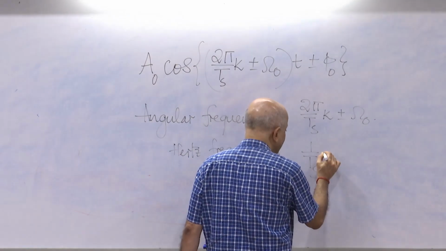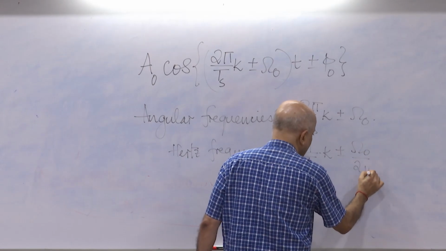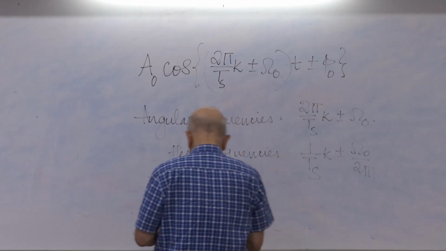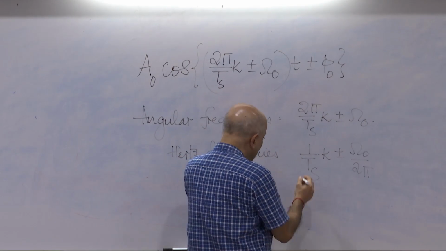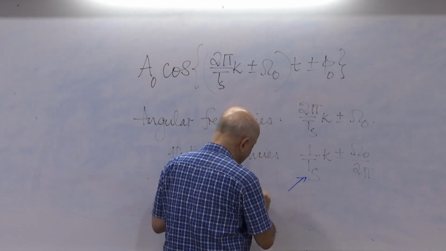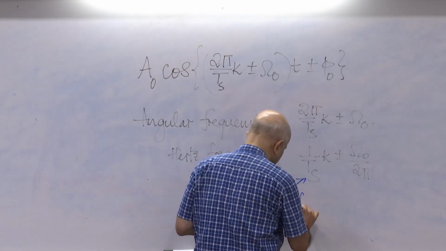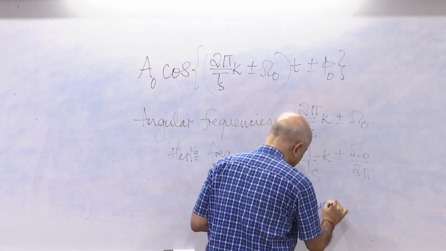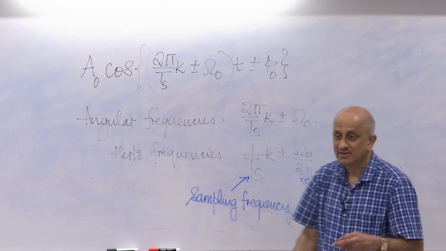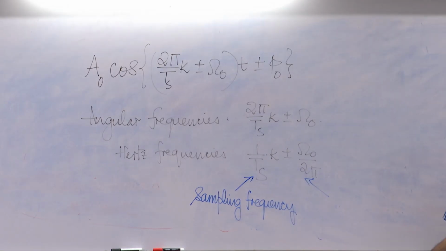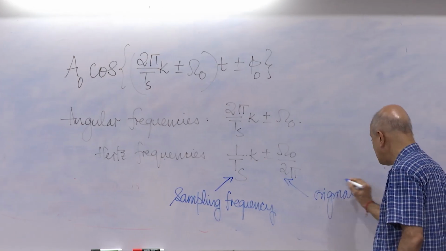So 1 by Ts times k plus minus omega naught by 2 pi. Now what is 1 by Ts? 1 by Ts is the sampling frequency. And what is omega naught by 2 pi? Omega naught by 2 pi is the original sinusoidal frequency.